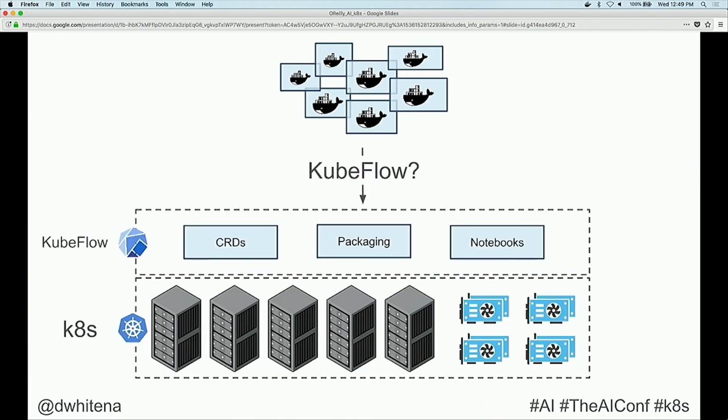So what we need is something like Kubeflow. Maybe some of you want to spend all of your days writing config. I do not. If you do not, then Kubeflow is a great addition to this. Kubeflow is a layer that rides on top of Kubernetes.